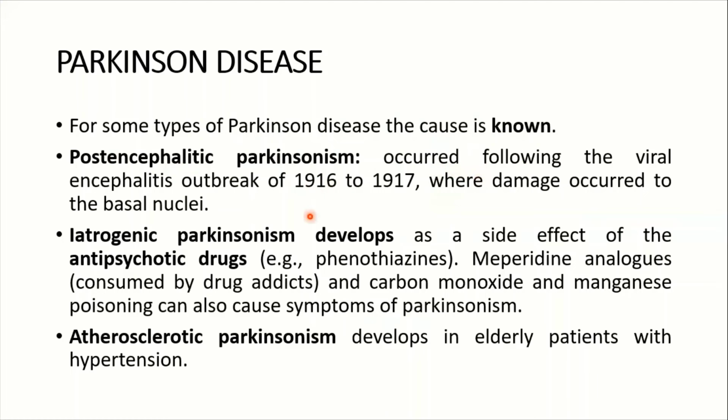It occurred following the viral encephalitis outbreak of 1916 to 1917, where damage occurred to the basal nuclei. Iatrogenic Parkinsonism develops as a side effect of antipsychotic drugs, phenothiazines, for example. Meperidine analogs are consumed by drug addicts, and carbon monoxide and manganese poisoning can also cause symptoms of Parkinsonism.